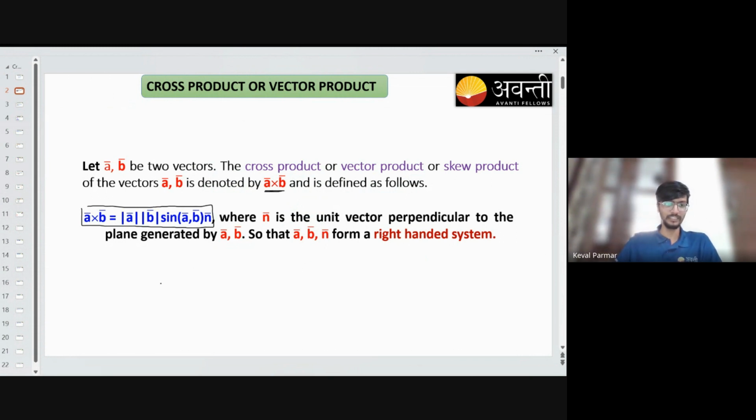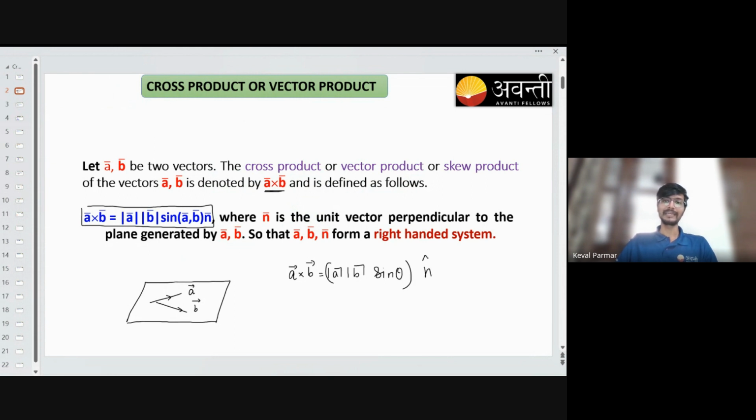Let me tell you one interesting thing. Two vectors will always be coplanar. So let's say here we have A vector and suppose here we have B vector. If I take the cross product, that is A vector cross B vector, I'll get mod A mod B sine theta n cap.